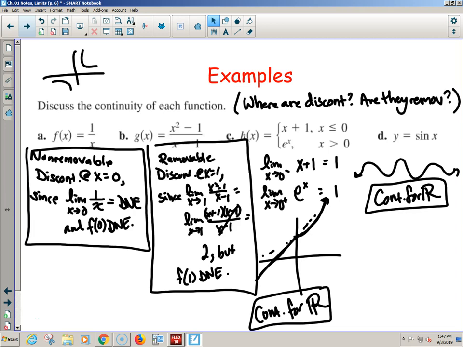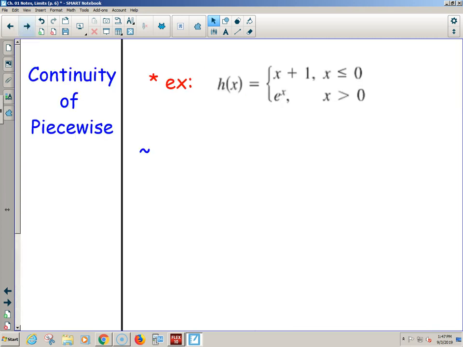Think about whether we can factor and reduce or whether we can't. And then we keep going with limits, because if it's a vertical asymptote, the limit will be infinity or DNE, which is not good. Condition 2 fails. If it's a hole, the limit will exist, but the point won't exist, so it fails too. Okay, so that's discussing the continuity of each function.